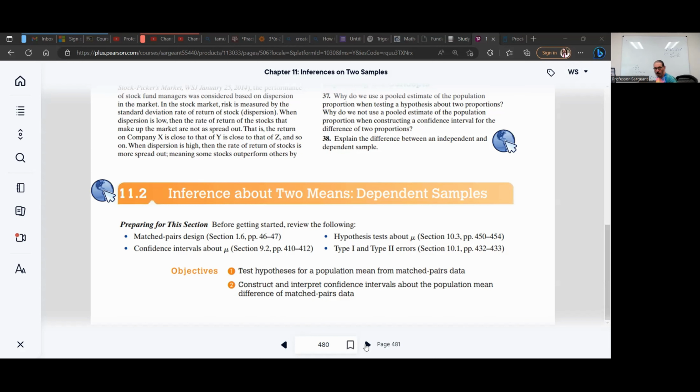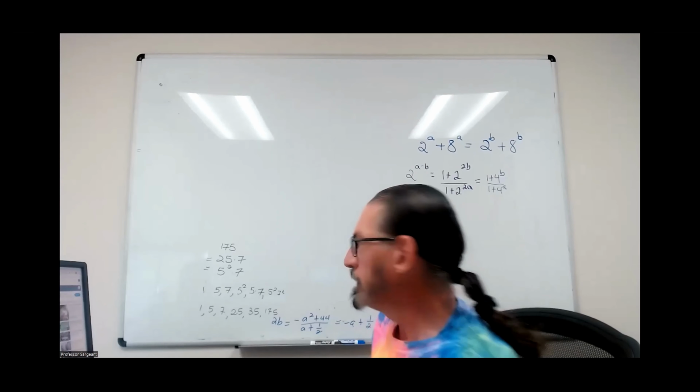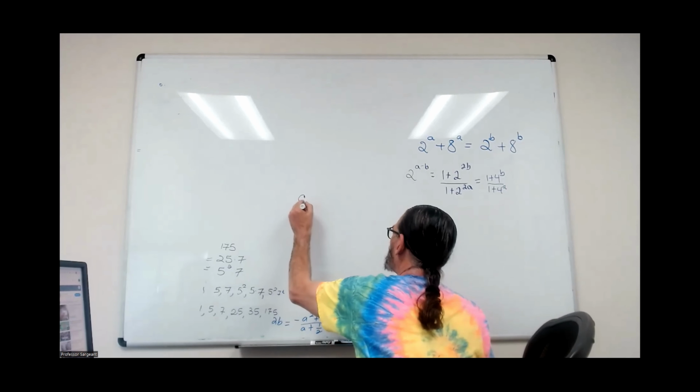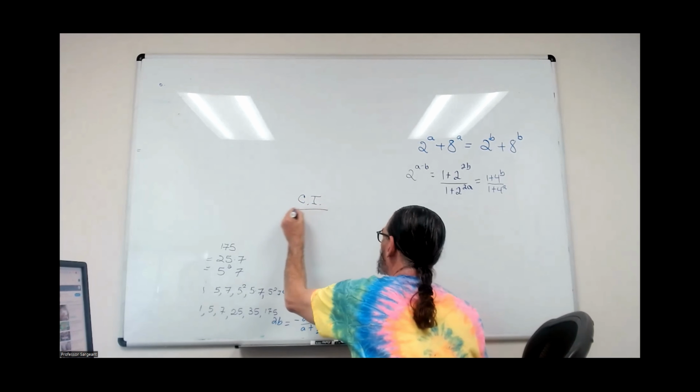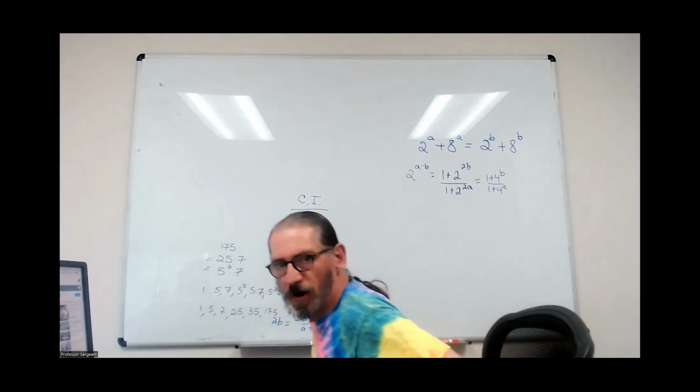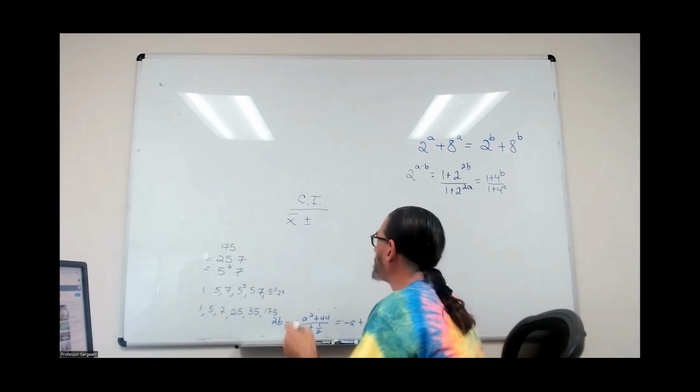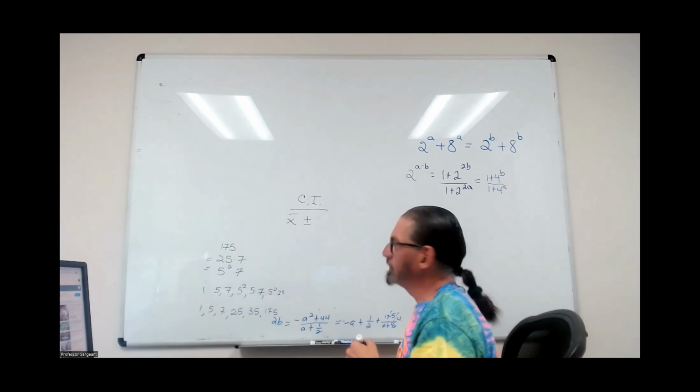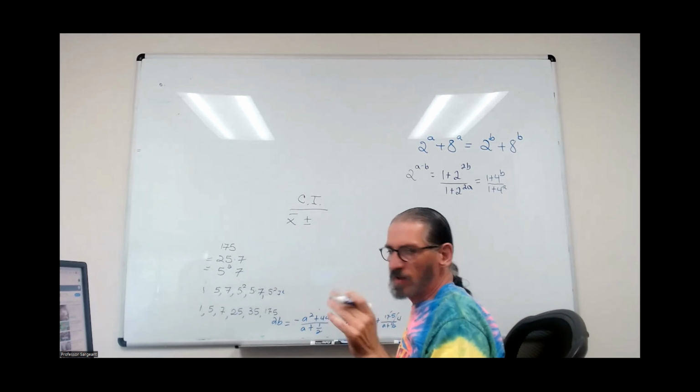Previously, for a confidence interval, we would have had the following formula. Your point estimate for the population mean was X bar, and we're replacing that. Well, let's get to that in a moment.